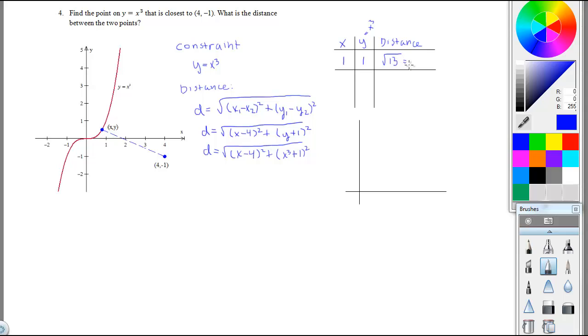I got that by doing the square root of (1 minus 4) squared plus (1 plus 1) squared. The square root of 13 is approximately 3.5-ish, so this overall distance is not very big. I would say that's a reasonable amount.